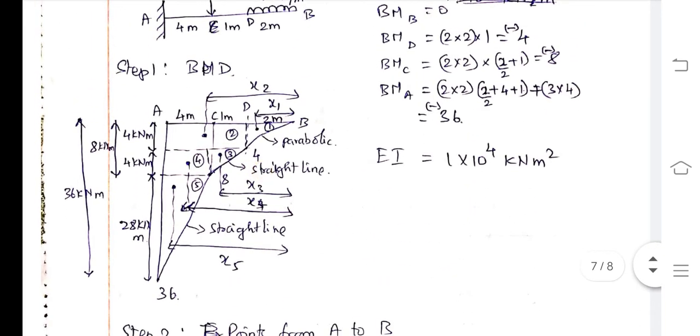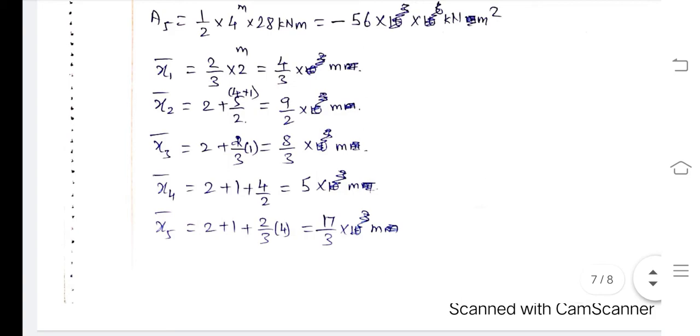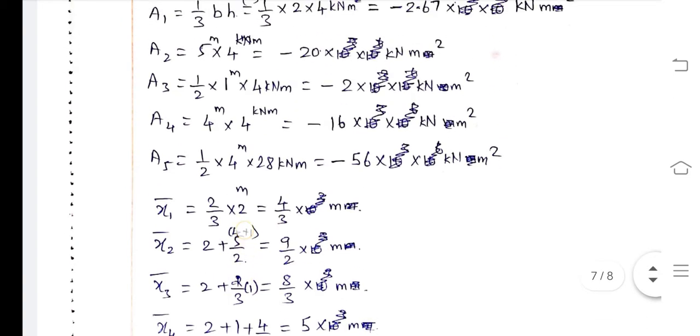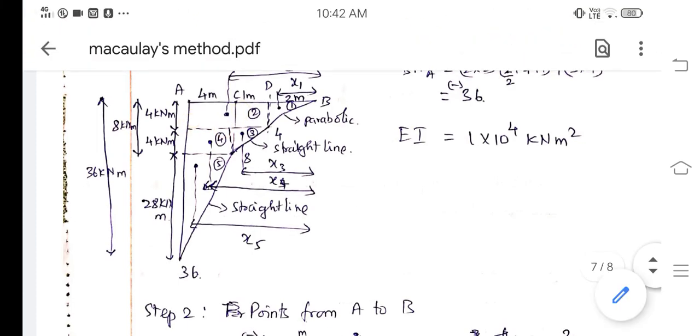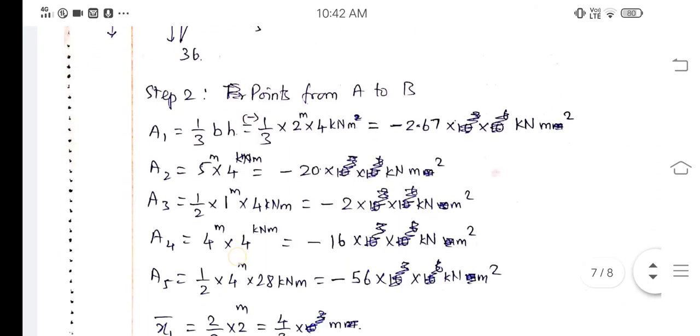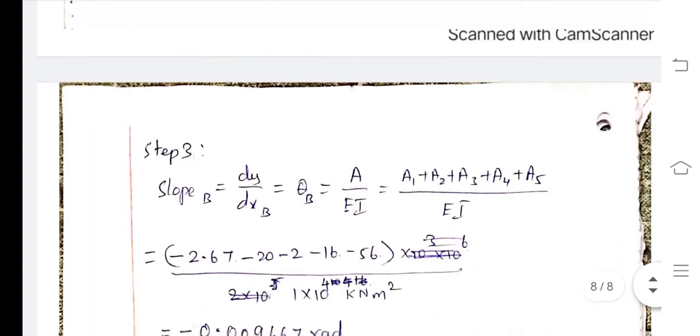And then for x2 it is 2 plus 5 by 2. You can see that this x2 is half of this 4 plus 1, that is 5 meters, that is 2.5, then plus 2, so it will be totally 4.5 or 9 by 2. So the corresponding x bars are calculated.